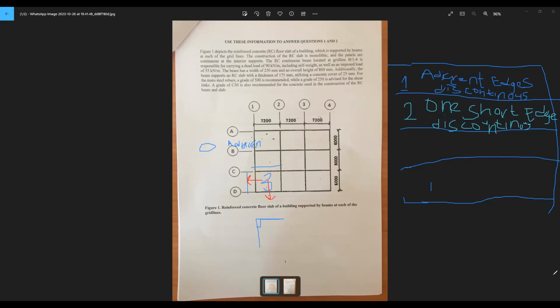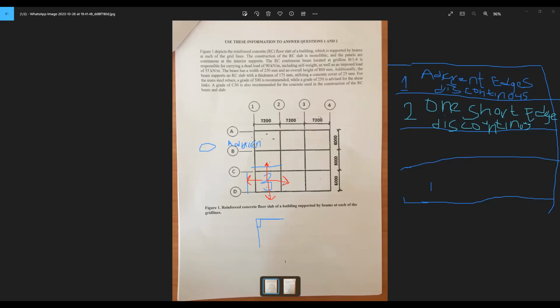It leads us out of the whole slab area, and that side is also discontinuous. Let's go through this end. You see, it leads us to another panel, and that side is continuous. Let's move from this side. It is also continuous, because it leads us to another panel.